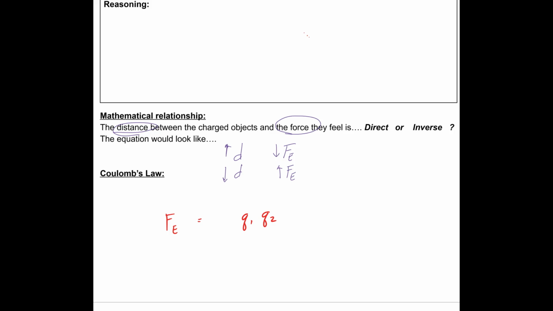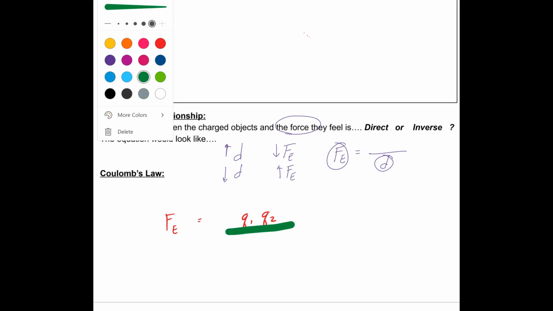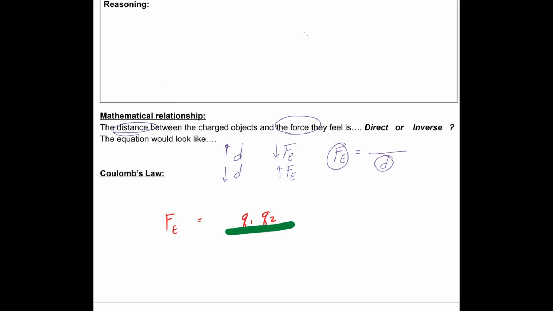So that means that they must be on opposite sides of the fraction bar. So if we had Fe on this side, distance would be here, right? Because when the denominator is large, this overall number gets smaller. So distance is at the bottom.